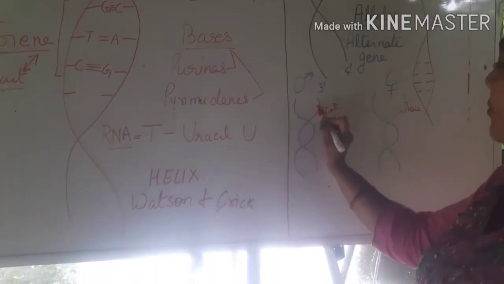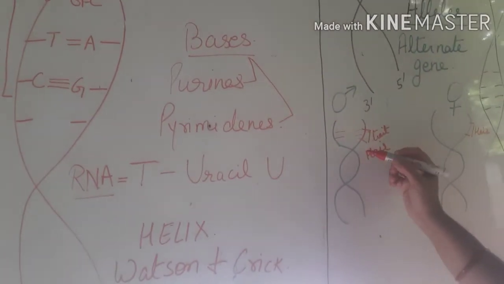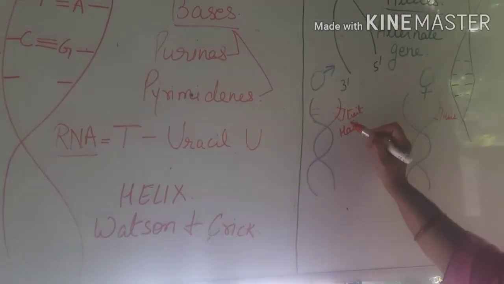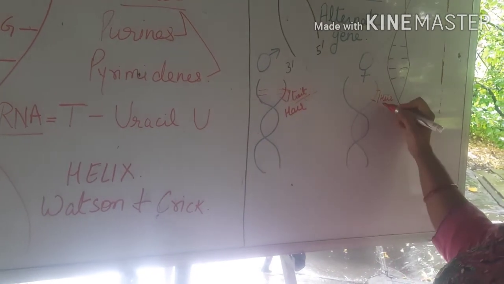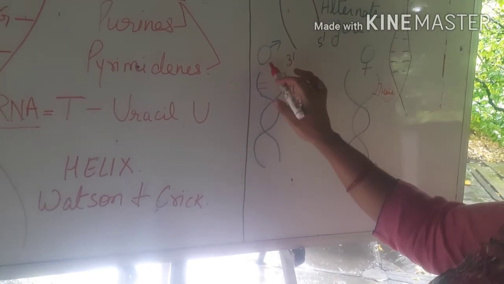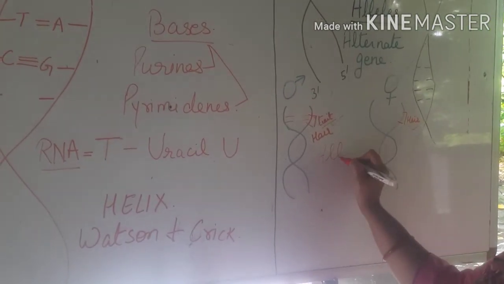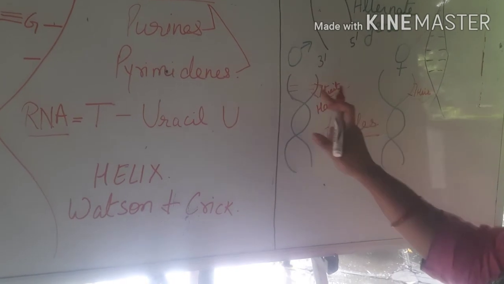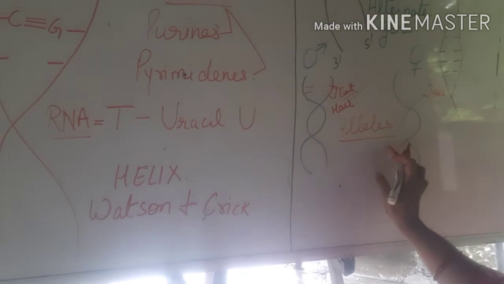At this point there are A, G, T, C codes, particular codes which denote the particular trait. So this trait of the hair in the father and in the mother will be called the alleles. Alternate genes: one gene here, one gene here, they are the alleles.